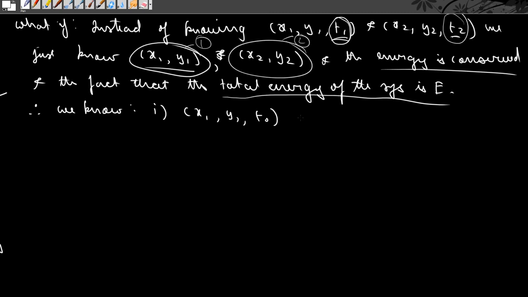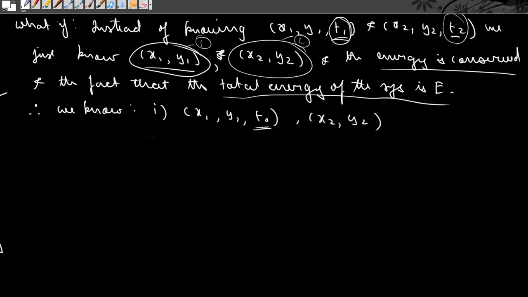So we can always take point 1 as the starting position of time. We can call this t0, some starting position of time. But this doesn't tell us how much time it takes to go from point 1 to point 2. So we know x1, y1 and some t0, which I'm going to call the starting point of time, and we know x2, y2.